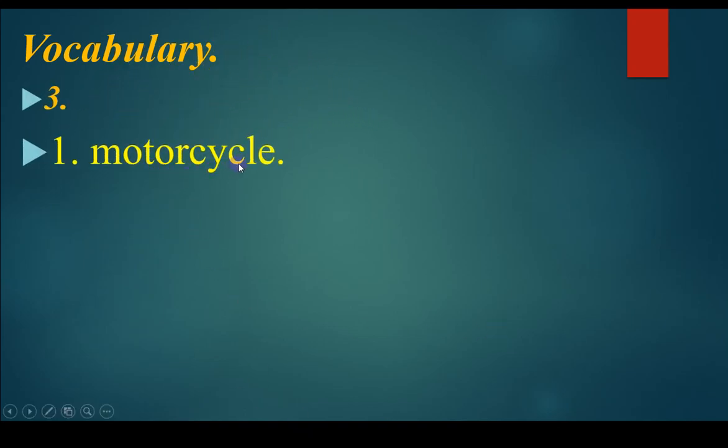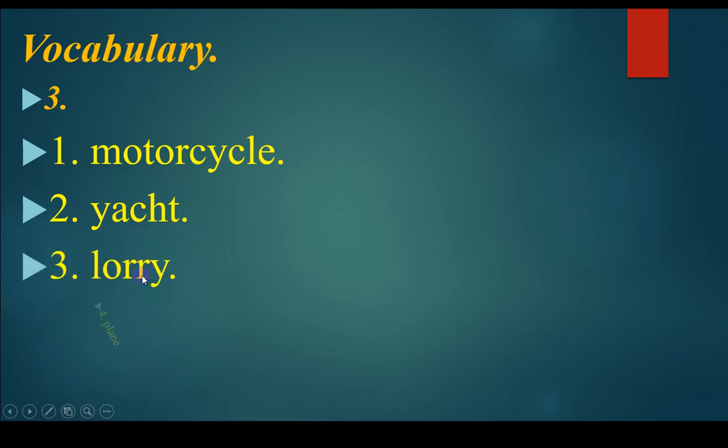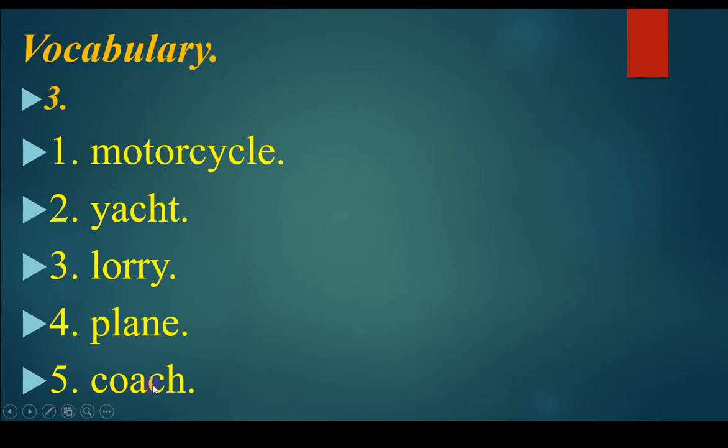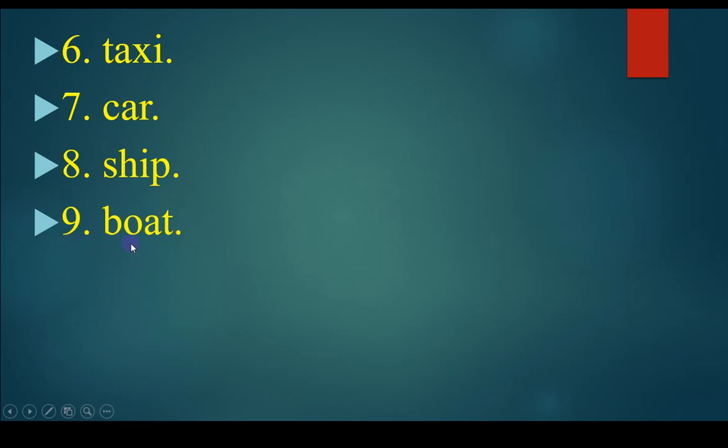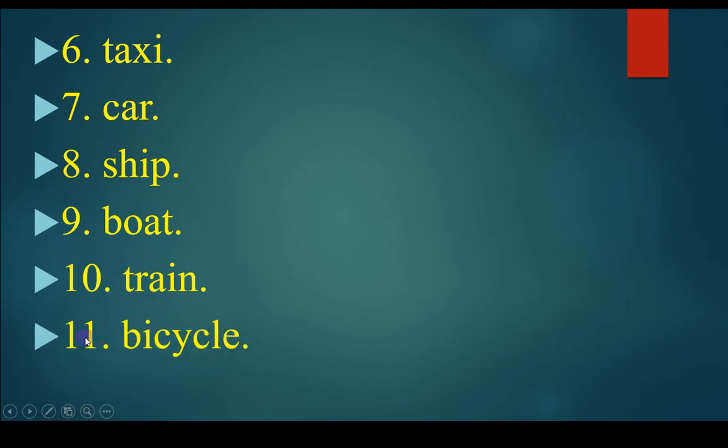One motorcycle. دراجة نارية. 2 yacht. Yacht. 3 lorry. شاحنة. 4 plane. طائرة. 5 coach. يعني عربة أو الكوتشي كما تنقولوا. 6 taxi. سيارة أجرة. 7 car. سيارة. 8 ship. باخرة. 9 boat. قارب. 10 train. قطار. 11 bicycle. دراجة هوائية.